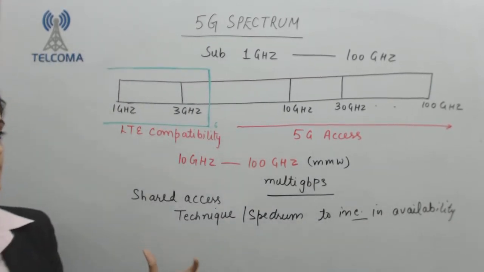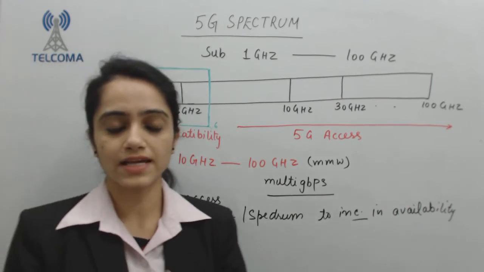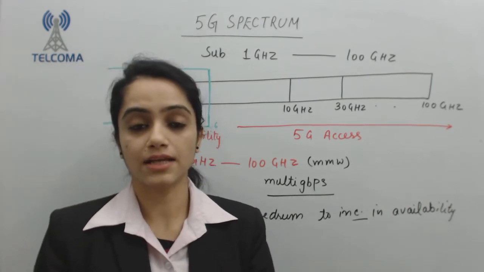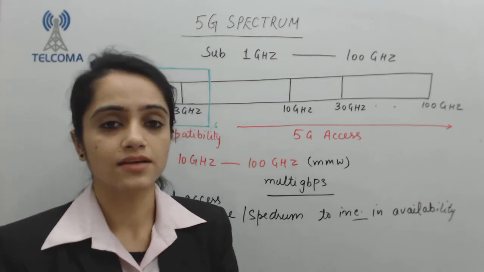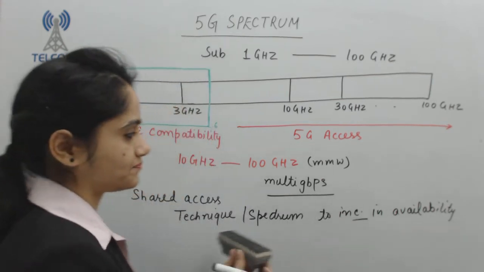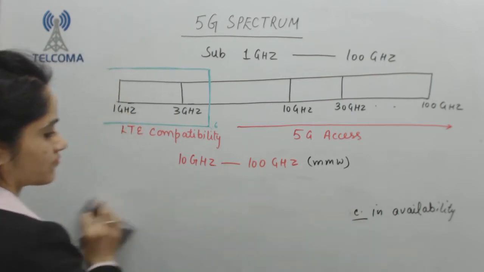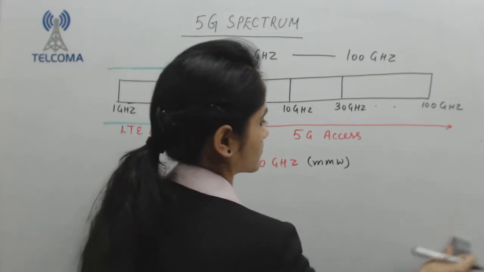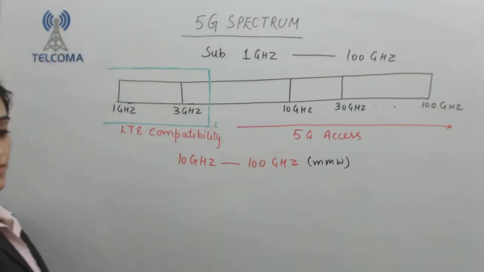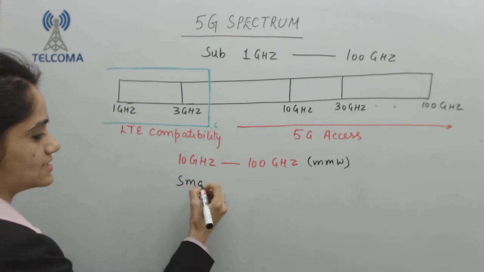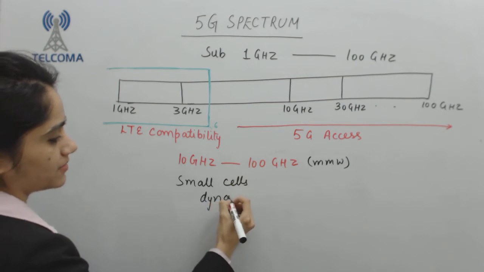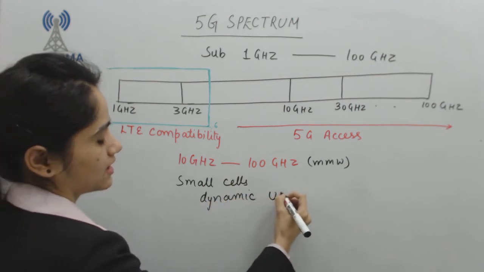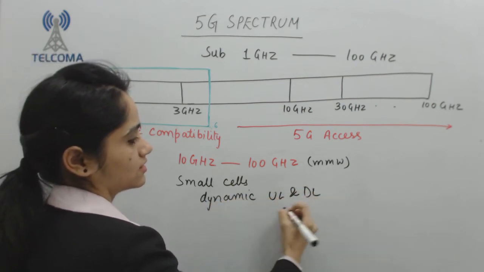Now, flexible duplex. We have a concept of flexible duplex between uplink and downlink, that is dynamic uplink and dynamic downlink, which is especially for small cells. So we have a concept of small cells in which we are giving dynamic uplink and downlink.